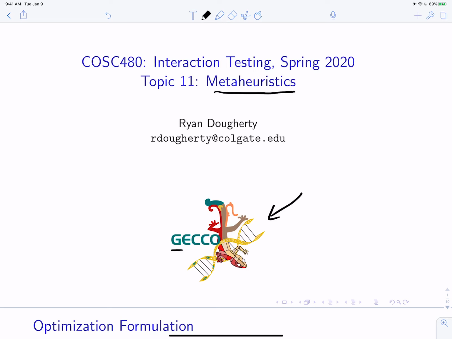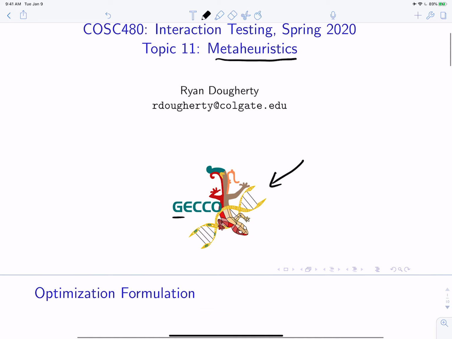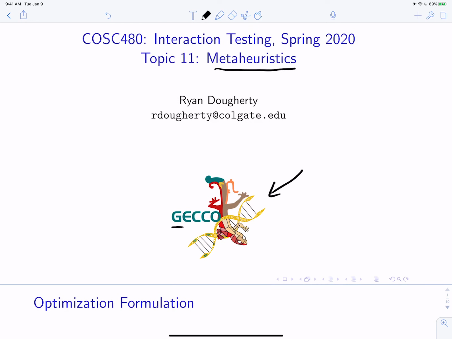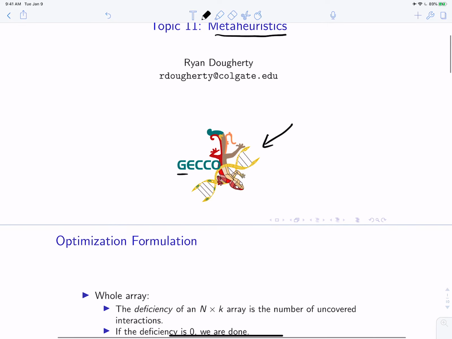If you're interested in software engineering and you want to apply genetic algorithms to it, or if you're trying to optimize some algorithm with genetic algorithms or metaheuristics, as we're going to see, this is a great conference. So if you're interested in this sort of thing, Gecko is definitely a good conference to go to. And in fact, I submitted a paper for this year, and I had one accepted last year. So it's a really good conference.